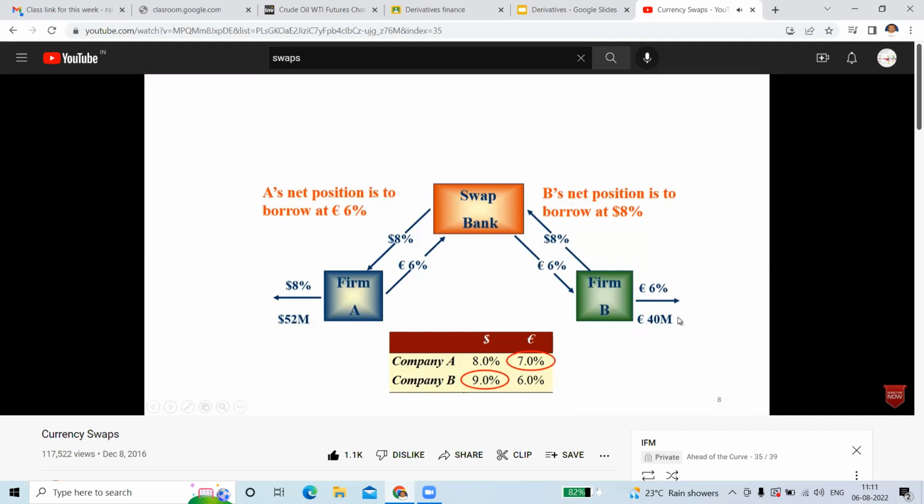Firm B borrows in France and borrows euros, and they exchange the cash flows, and both of the firms are better off. So this is a relatively simple example of a currency swap, but it shows you that there can be real advantages to firms by using this rather than just going out and buying foreign currency.